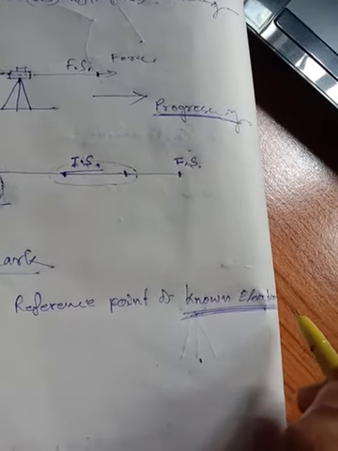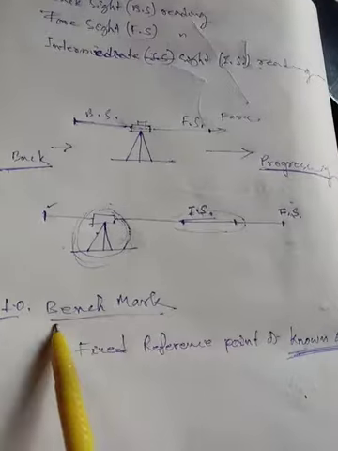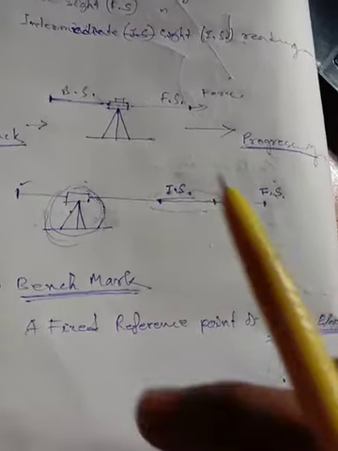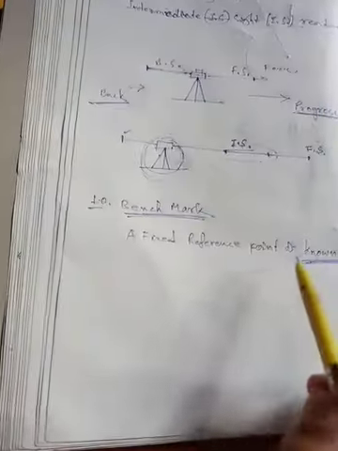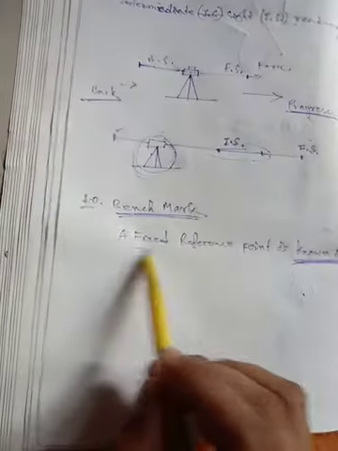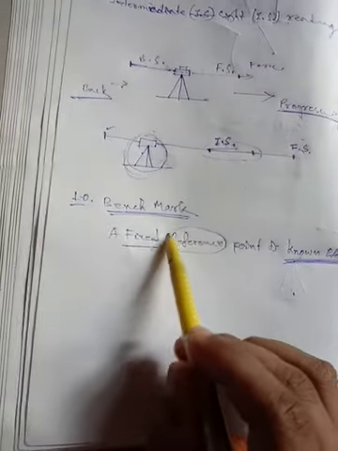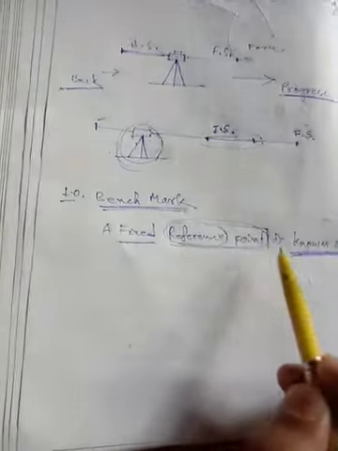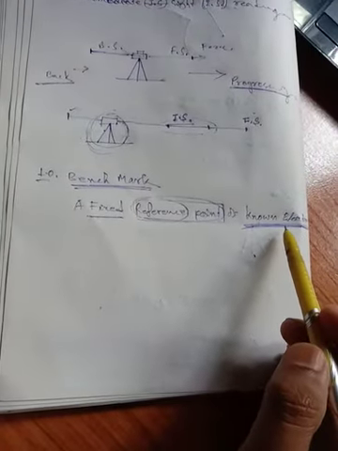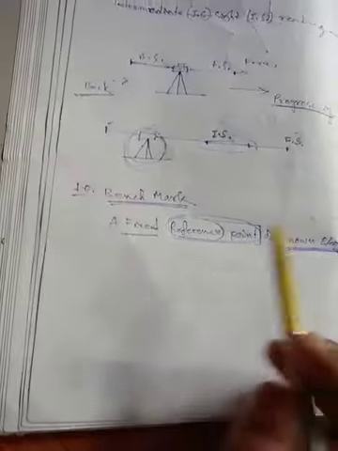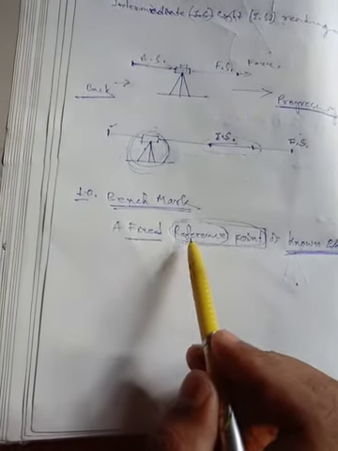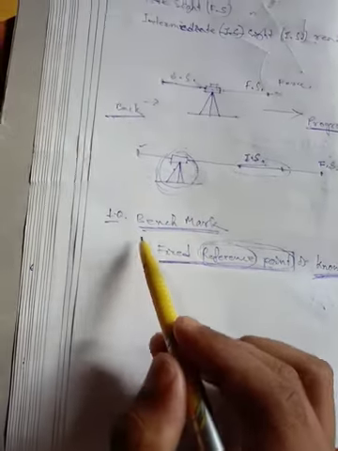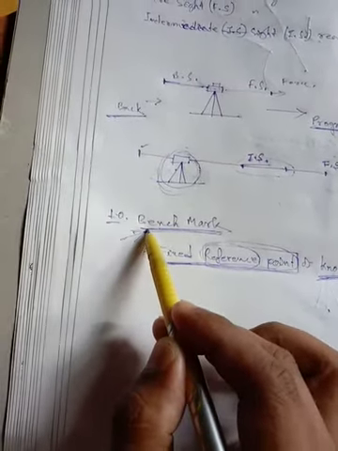Remember, known elevation, that is its height from the datum level. Elevation means height from the datum level. Its height from the datum level is already known, and it is fixed and used as a reference point. A point having known height from datum, when used as a reference point and kept fixed, is termed as your benchmark in your leveling work.